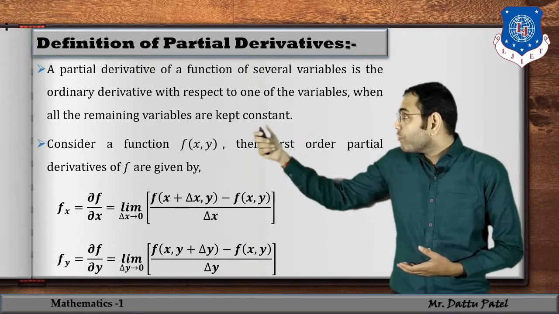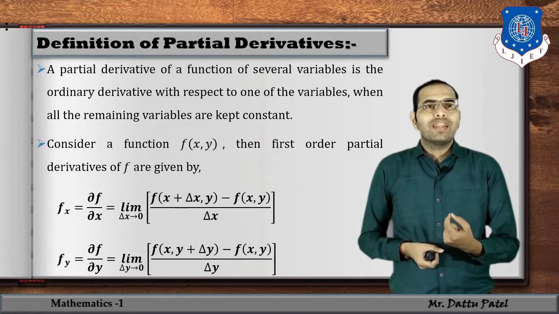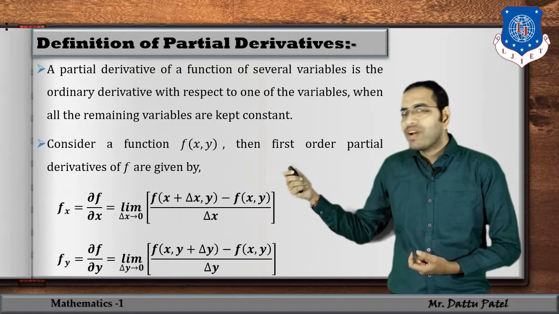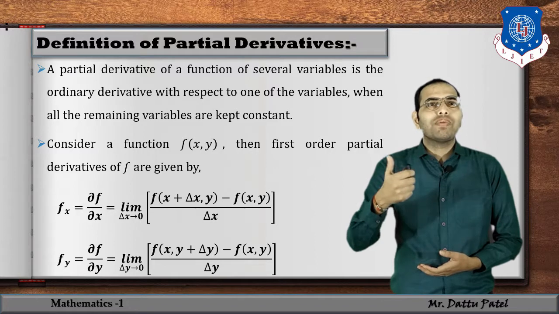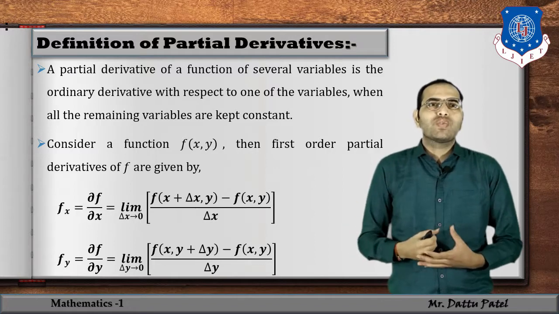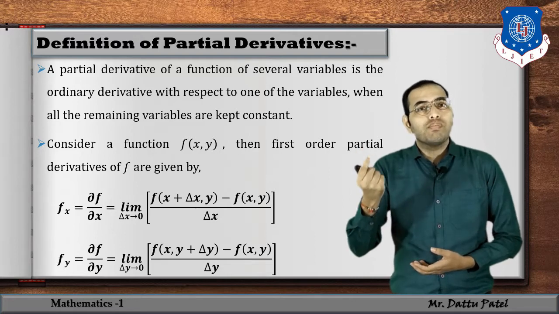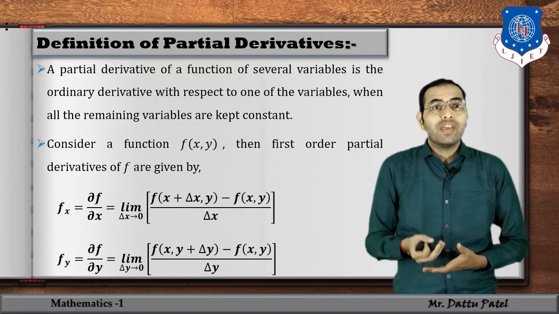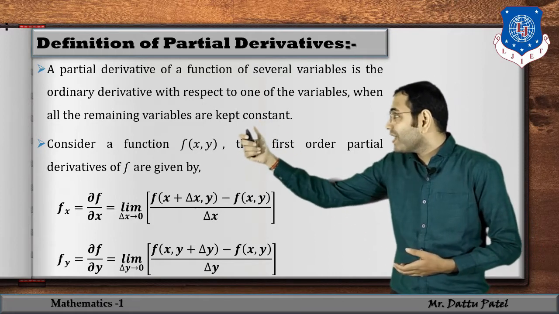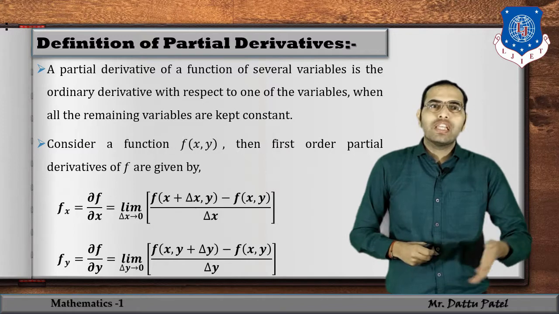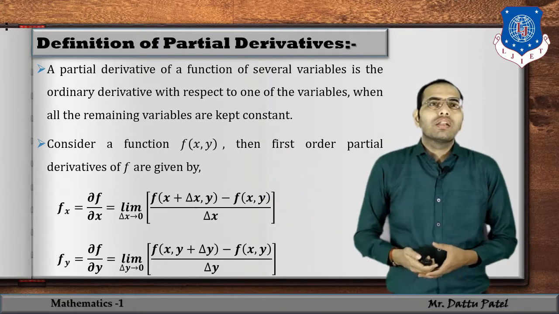Similarly, the derivative with respect to y, we can write f y or del f by del y, equal to limit delta y tends to 0 of the bracket f of x comma y plus delta y, minus f of x, y, by delta y. Here del is the symbol of partial derivative, and whenever we differentiate with respect to x, we write x plus delta x, and whenever we differentiate with respect to y, we write y plus delta y.